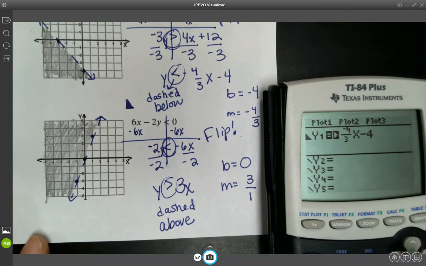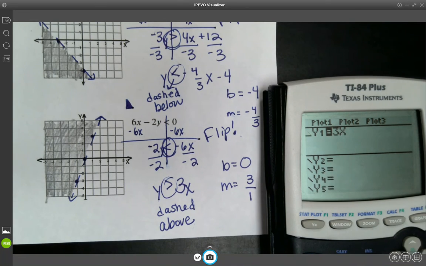So go back to y equals. Clear it out. We have 3x. Put it in. Arrow over.